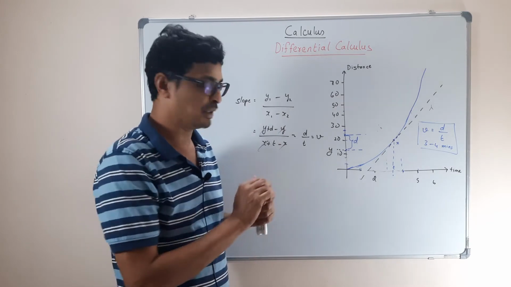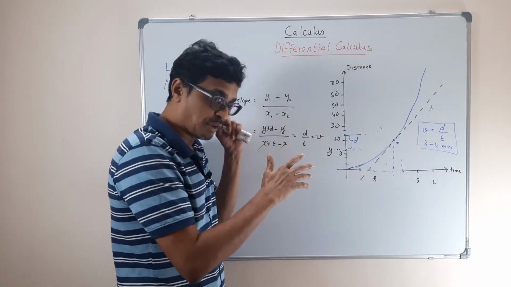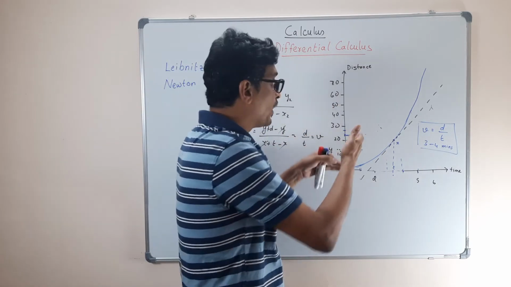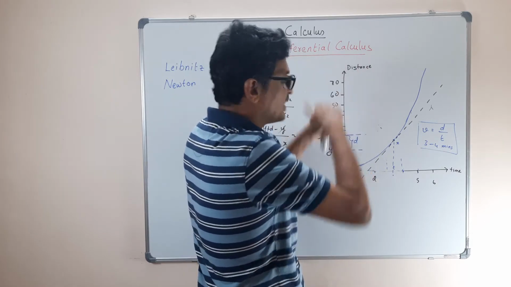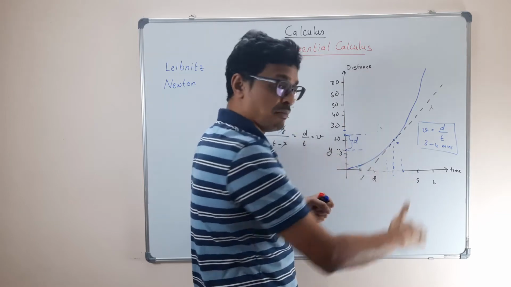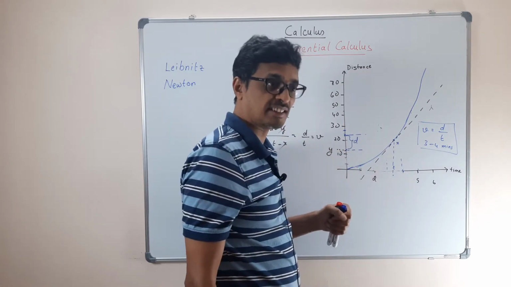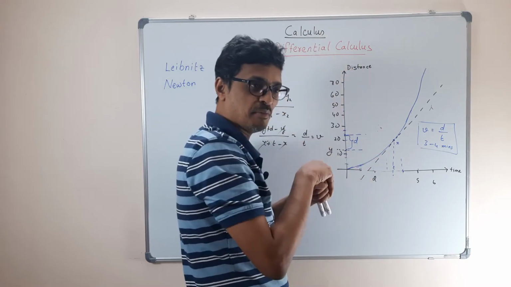Here I took it as speed, but this method works for any function. This is a distance; I can simply have speed versus time, then the acceleration, correct? So it can be any function, any shape.